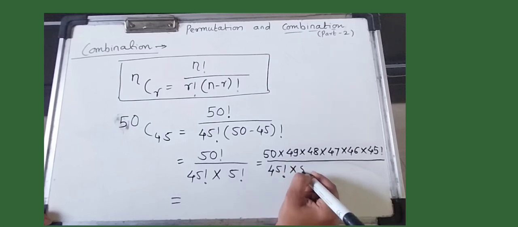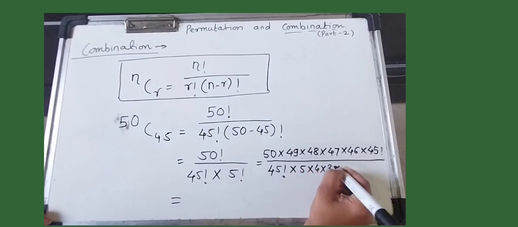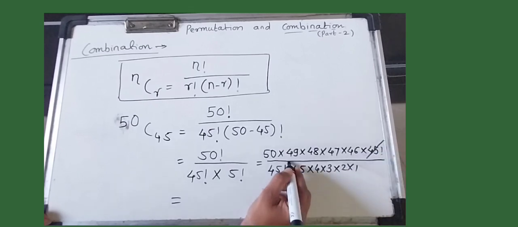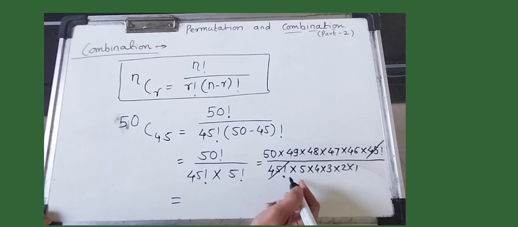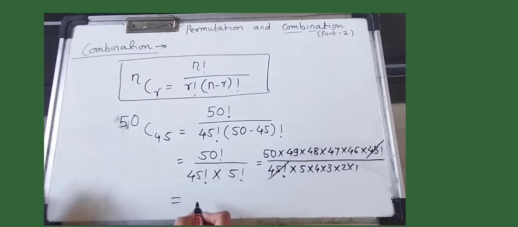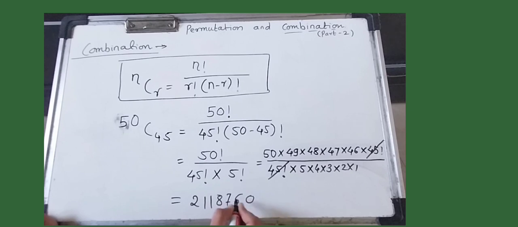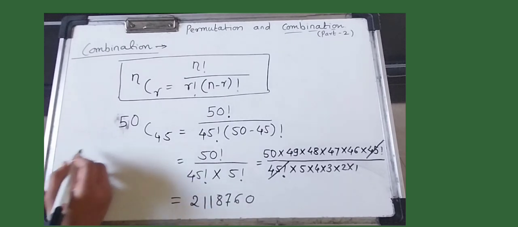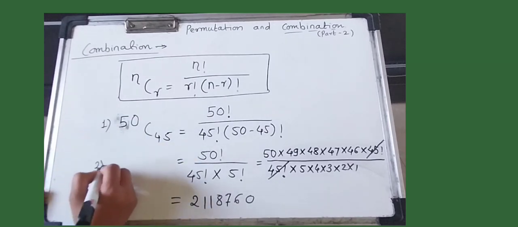I write 5 factorial as 5 into 4 into 3 into 2 into 1. Here 45 factorial and here 45 factorial will get cancelled. Put this on a calculator and find the value. So your value is 2,118,760. Clear?